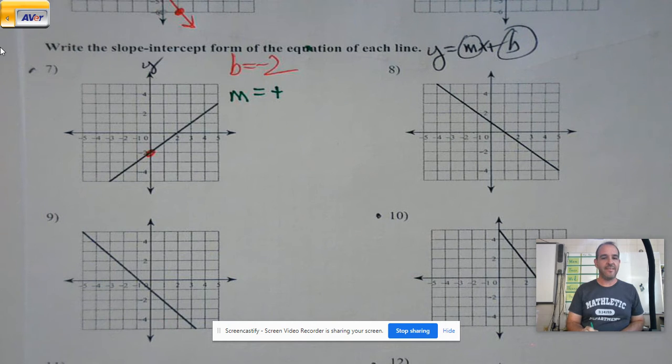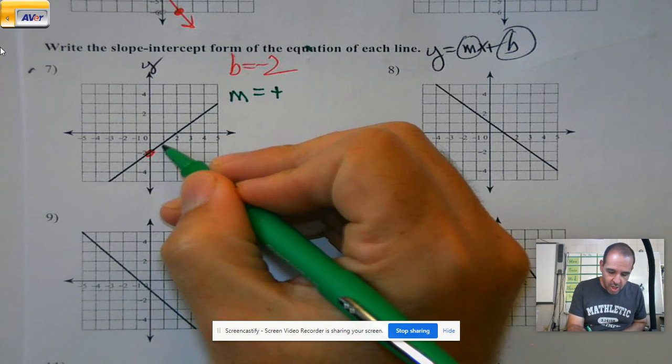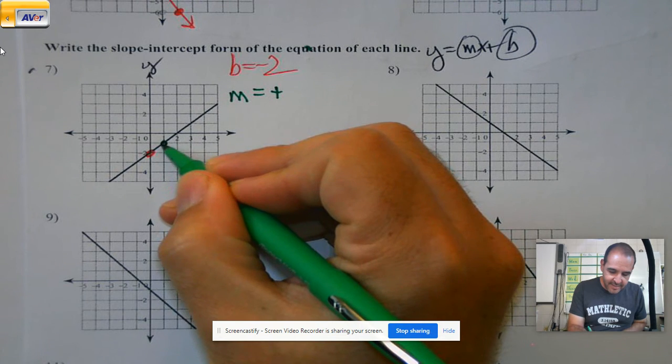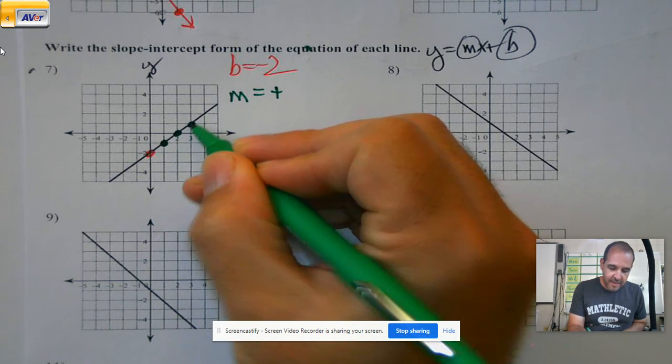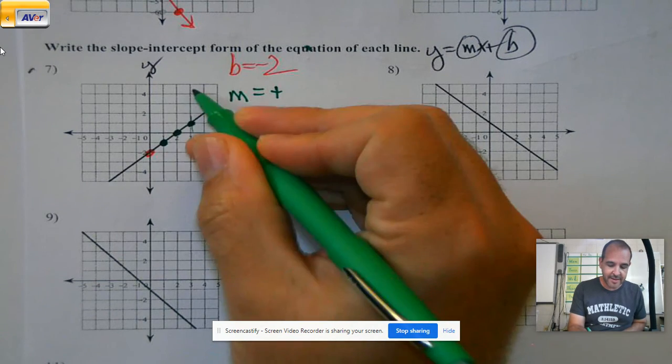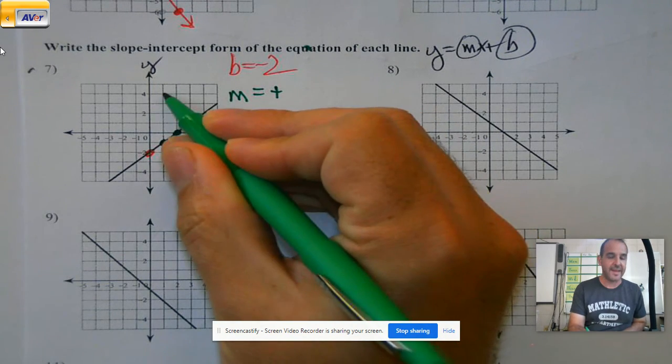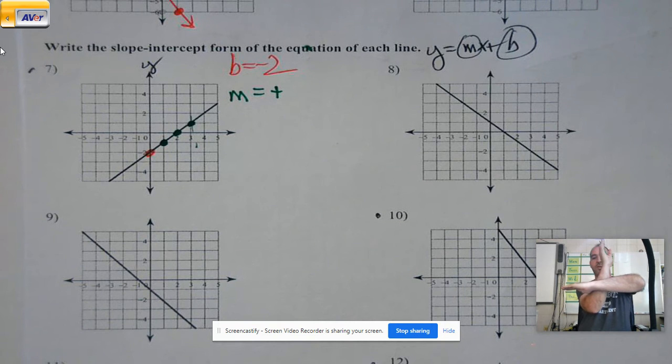I kind of call this crosshairs. What I'm going to do is follow along, and if I see a place where my line is crossing in between these points where they intersect the horizontal and the vertical lines like this, I can pick any of those. And then I'm going to count.